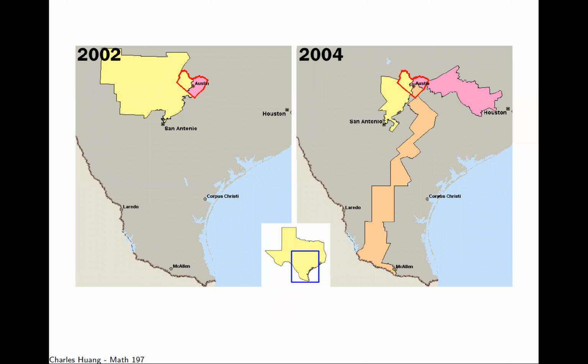Gerrymandering happens in real life too. And you'll notice the way the Texas electoral districts were drawn, because city dwellers usually will vote for one particular party, and people who live in the countryside usually vote for another party.